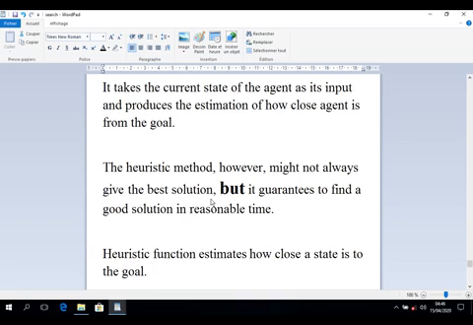Is it okay? It takes the current state of the agent as its input and produces the estimate of how close the agent is from the goal. Fine. The heuristic method, however, might not always give the best solution, but it guarantees to find a good solution in a reasonable time.